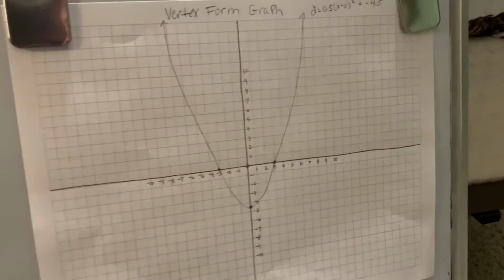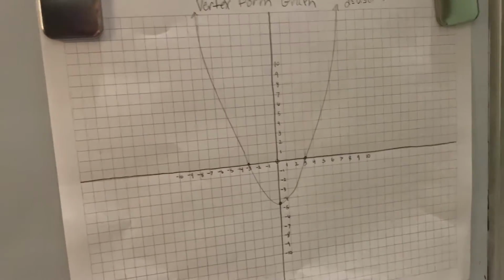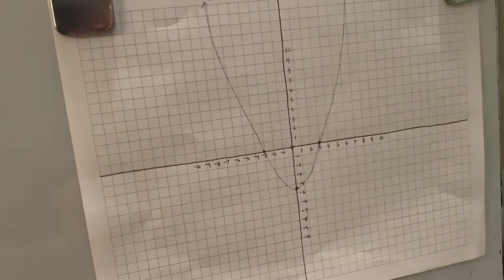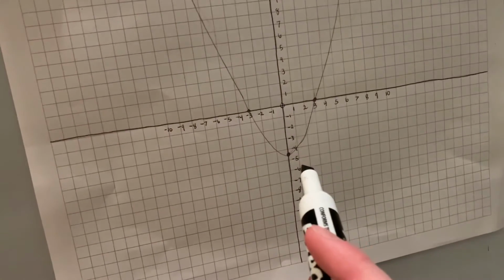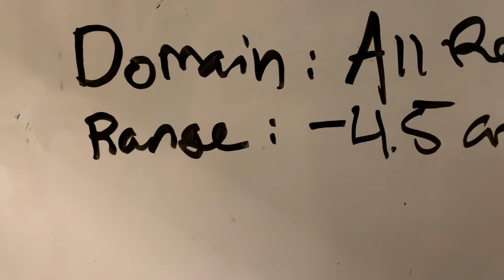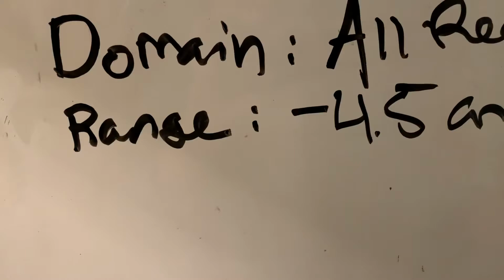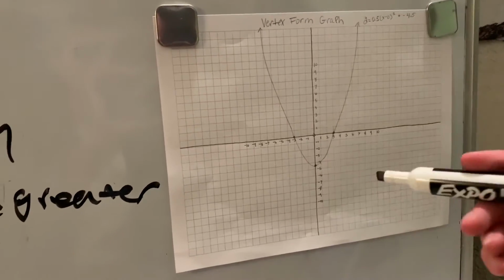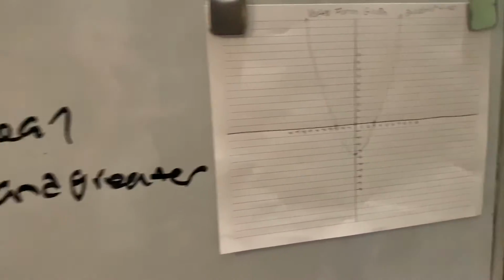And when we're looking over here at the range, where it's going to hit on the y-axis, it can't go any lower than negative 4.5. So it's going to be negative 4.5 and greater. So everything above negative 4.5, but nothing below negative 4.5.